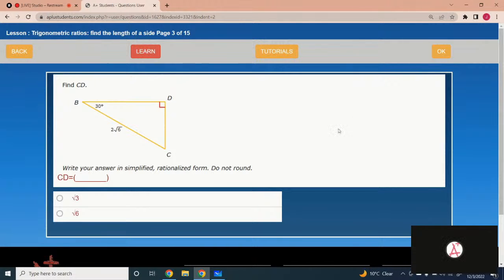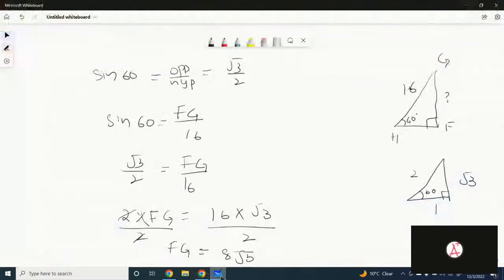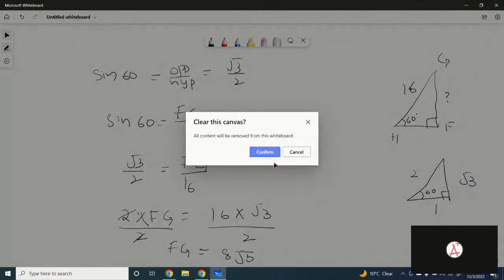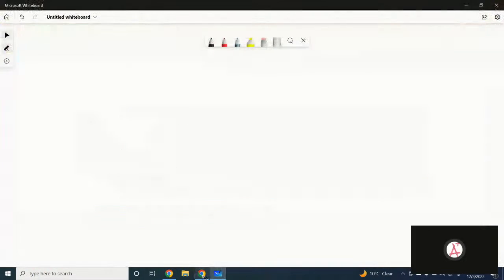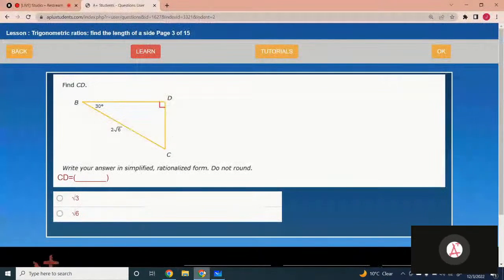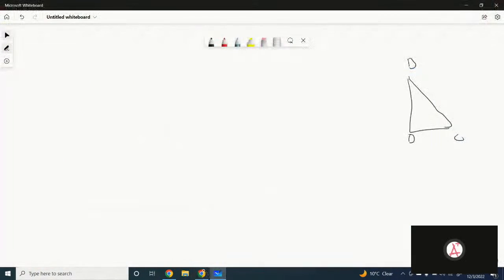Find CD. Let me just draw the triangle. It would be BCD, and then you have 30, 90 and 60.